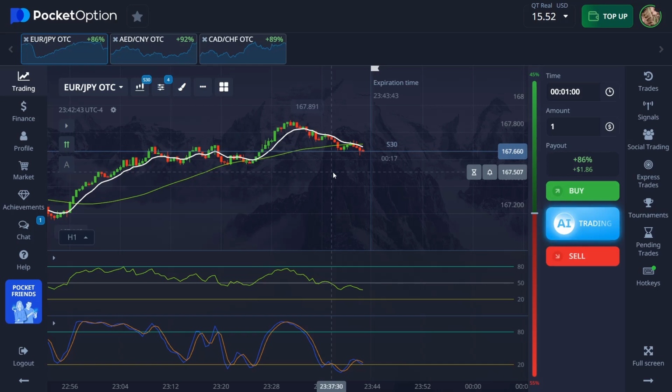Either a trending market, meaning you have a downtrend or an uptrend, that's when you have lower low, lower high, or higher low, higher high. Or you have a ranging market, meaning a market that's in neither an uptrend nor a downtrend. It's just moving sideways, in a range.